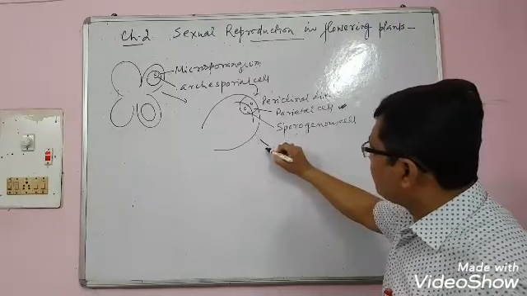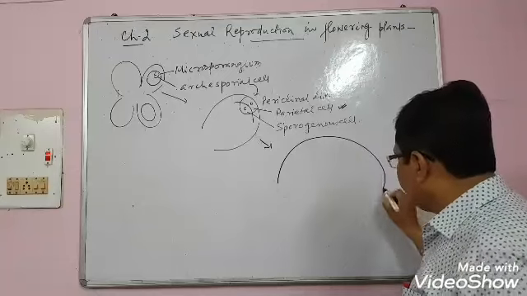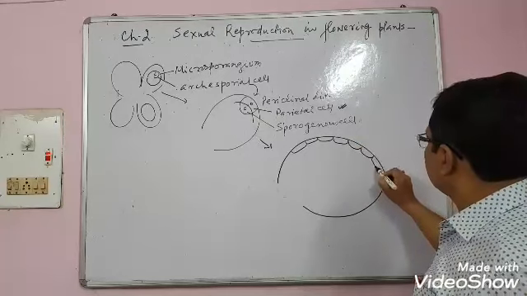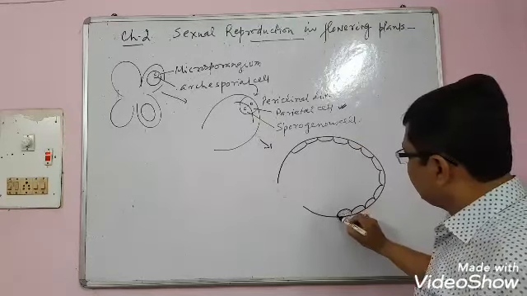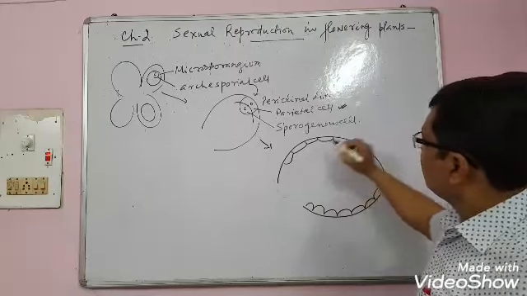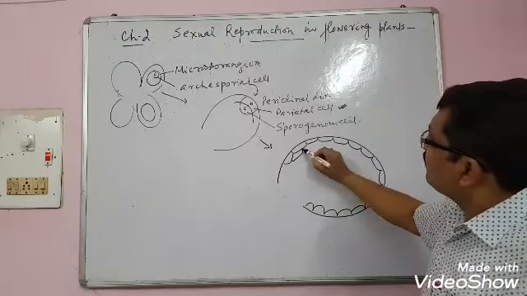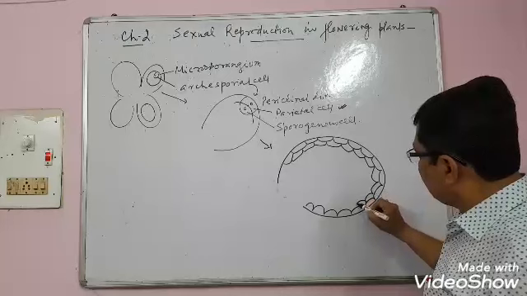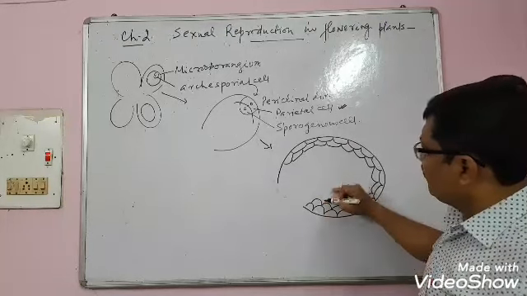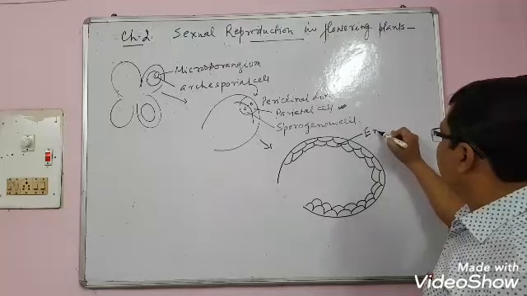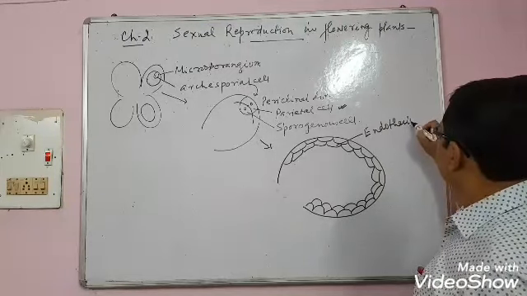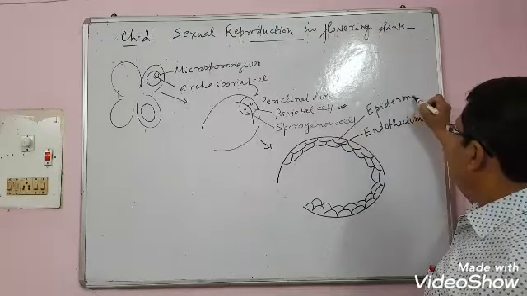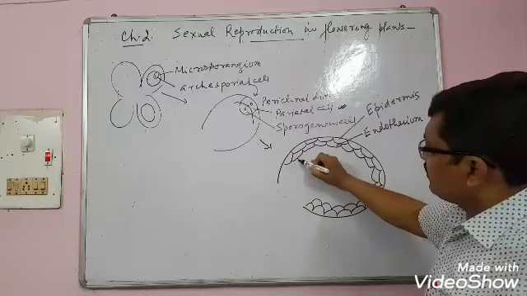Means this structure is like this. This is the outermost layer, the epidermis, and below that, the endothecium.